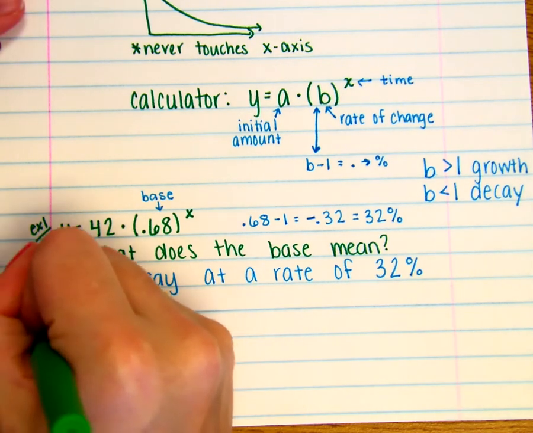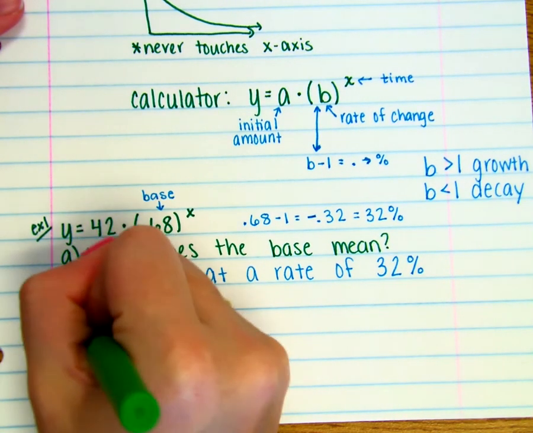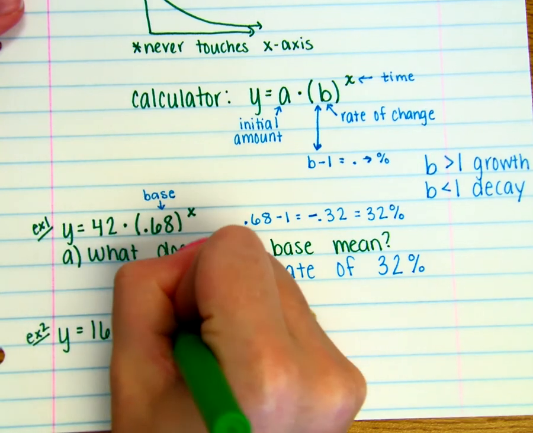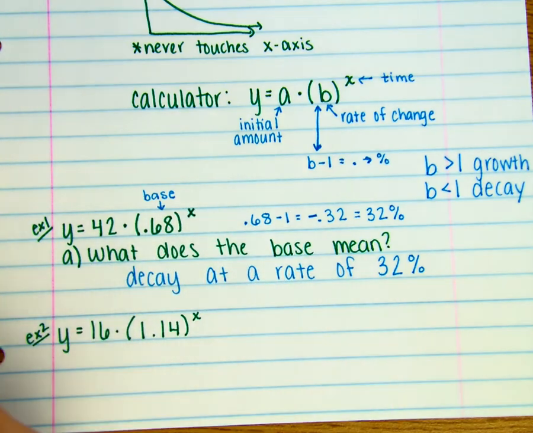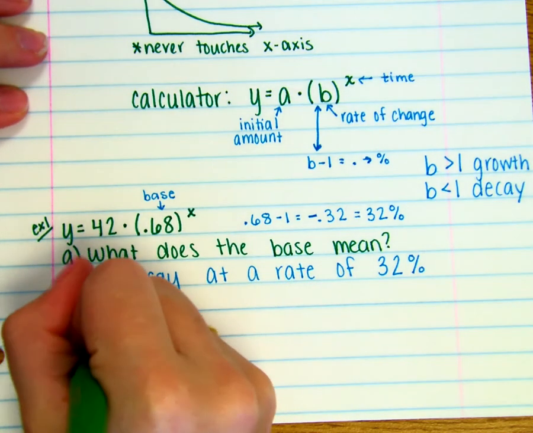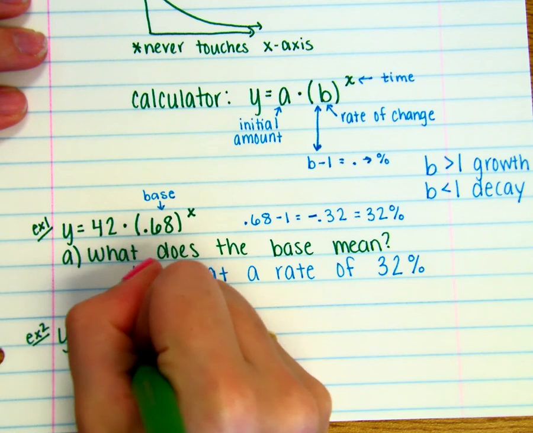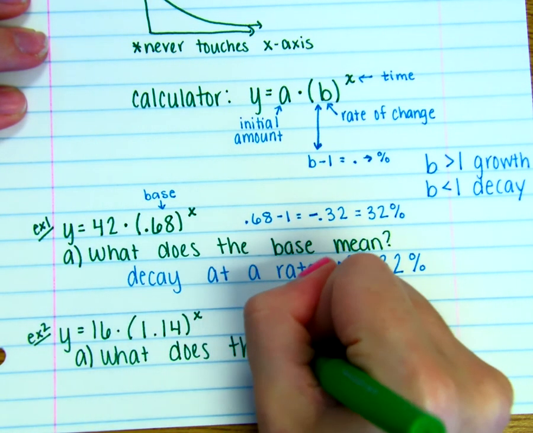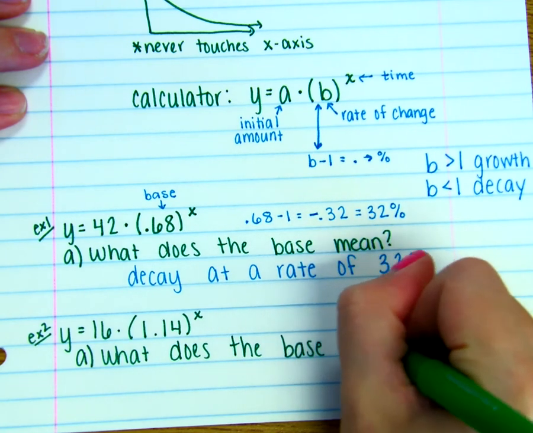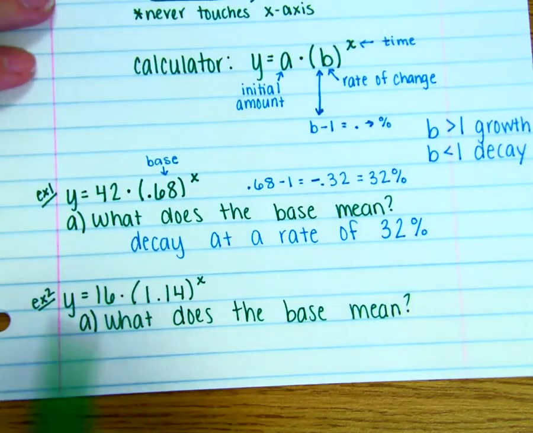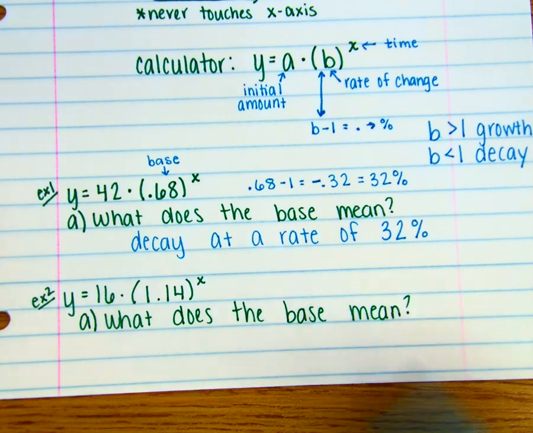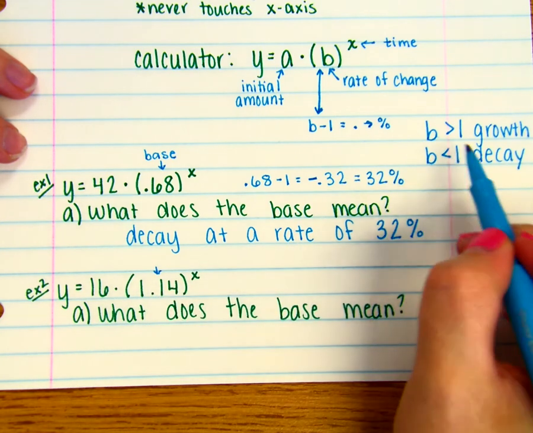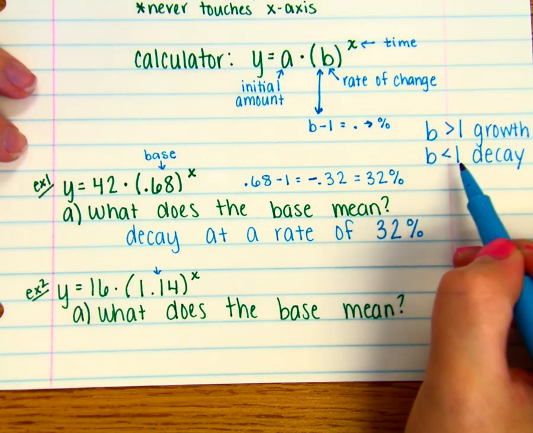So let's look at another example. y equals 16 times 1.14 to the x power. And again, the question's asking the same thing. What does the base mean? So here we're going to look, is this base greater than 1 or less than 1?